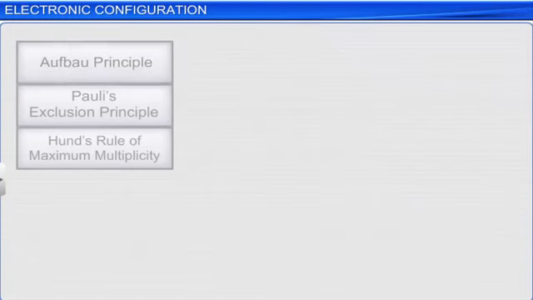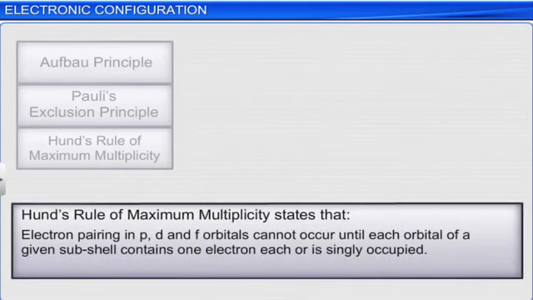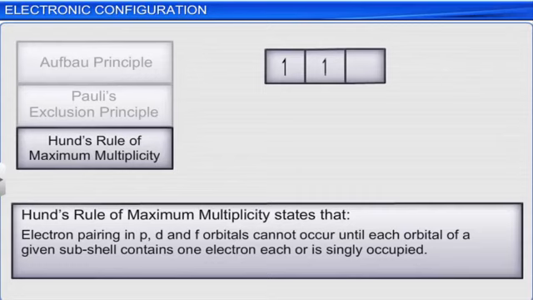Second is the Pauli's exclusion principle. It states that an orbital can have maximum 2 electrons and these must have opposite spins. And finally, Hund's rule of maximum multiplicity that deals with filling of electrons into equal energy orbitals of the same subshell.